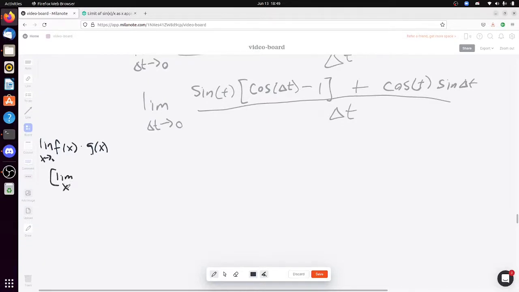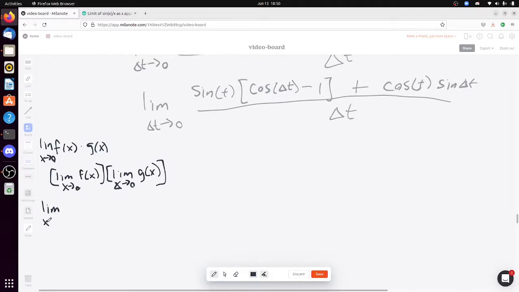So the limit of f of x will be a certain number, and you can just multiply that by the same thing for the other function that's in the product. So this is the product property for limits, or the product rule for limits, as opposed to the product rule for derivatives that we might talk about later. And we also have the sum rule.